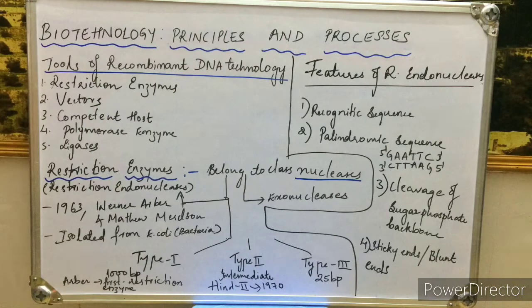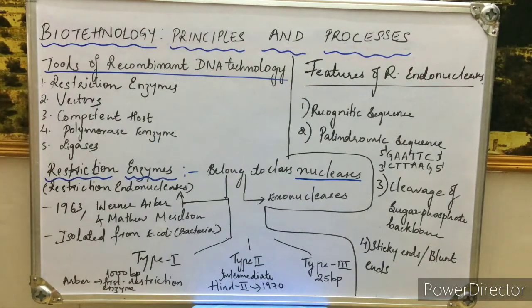There are procedures for it, which we will see in later classes. The competent host is the capability of the host cell to take up the recombinant DNA. It is very important because you can create multiple copies of the recombinant DNA in the host cell only when it is competent.